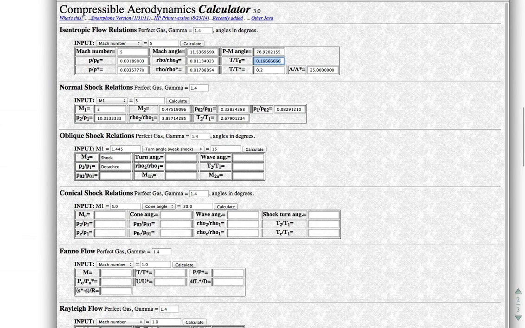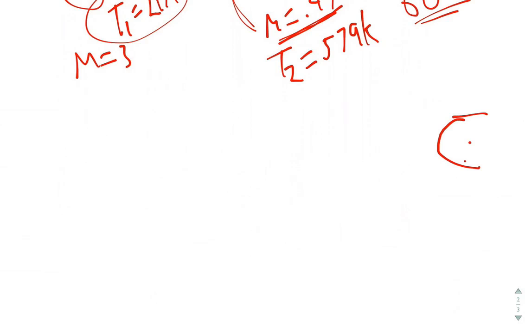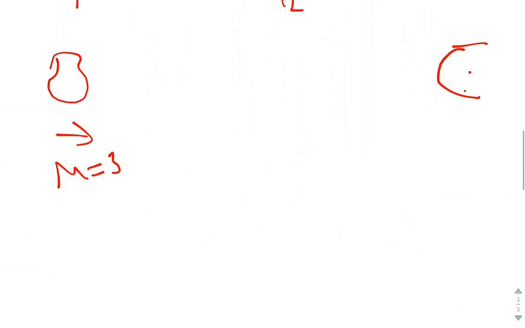So I hope this clears up this idea of isentropic flow. Just to recap, we have our airplane here. We're in the reference frame of the airplane. So there's a parcel of fluid here moving at Mach equal 3. The pressure and temperature of that parcel are equal to the atmospheric quantities.